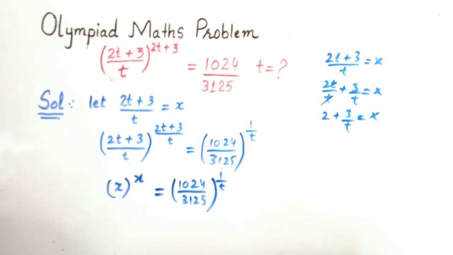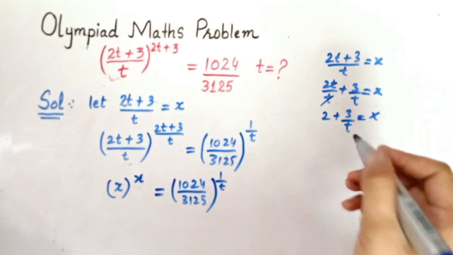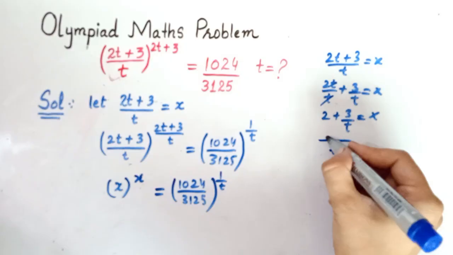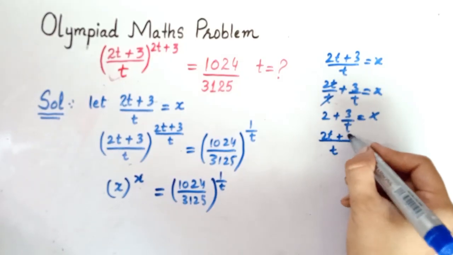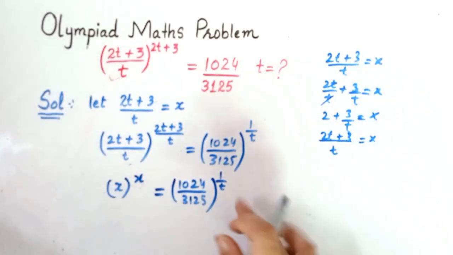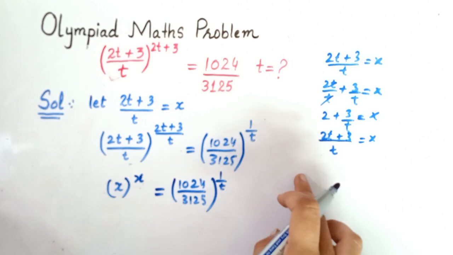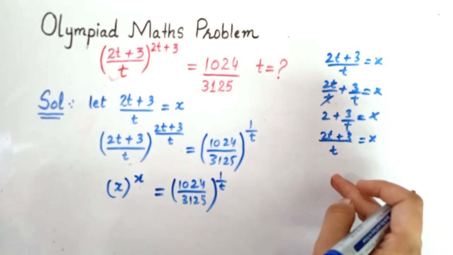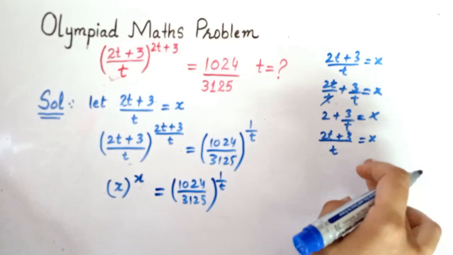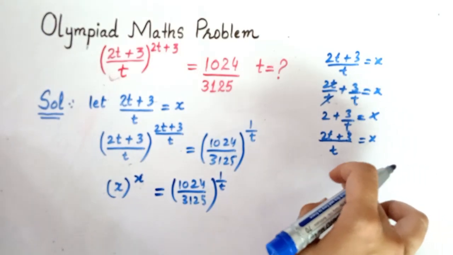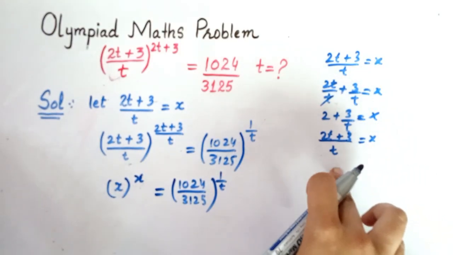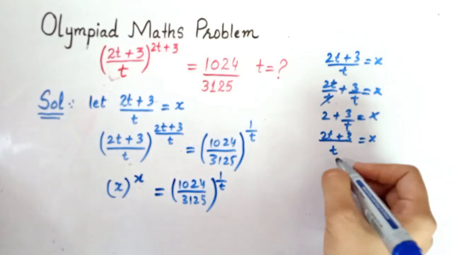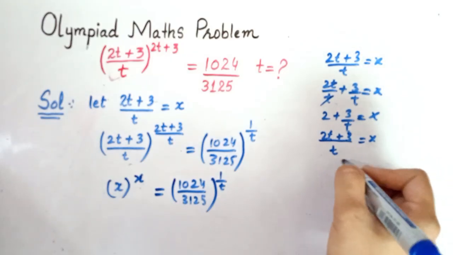Then take the LCM, and it becomes (2t+3)/t equals x. You have to find the value of 1 by t. For this purpose, we will solve this to find the value of t.